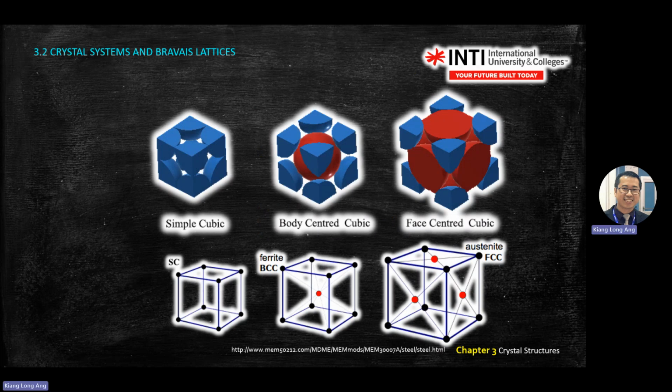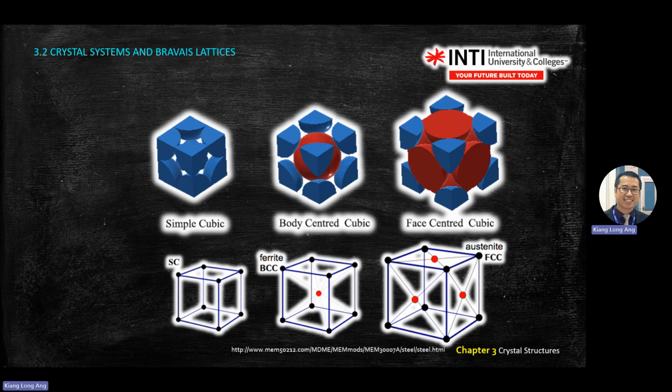First, simple cubic, we'll use SC to represent simple cubic. The second one is called BCC, body-centered cubic, and FCC, face-centered cubic. Now you need to imagine a little bit.